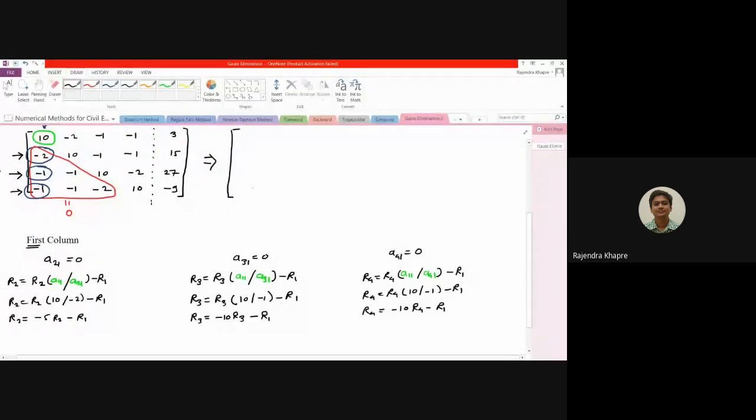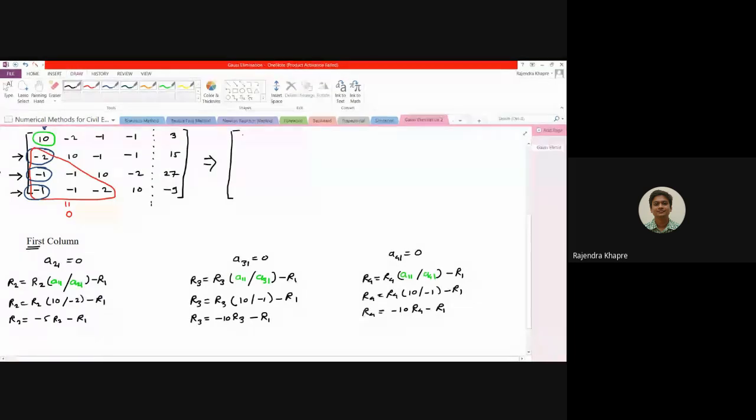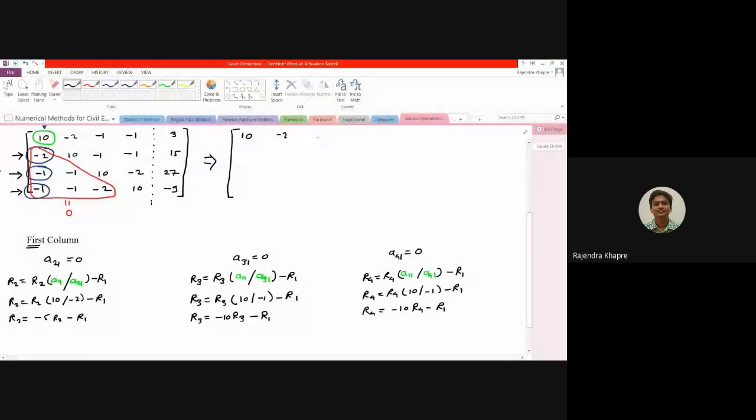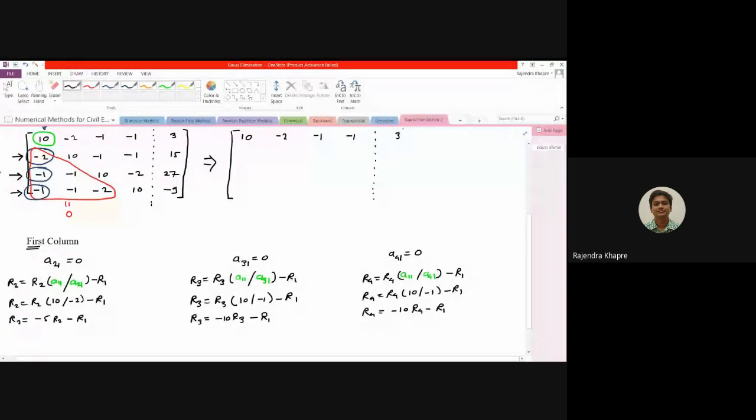I'll be writing only the first row because the first row will remain the same. So this will be 10, minus 2, minus 1, and minus 1. Then we have the augmented matrix line, and this will be 3.